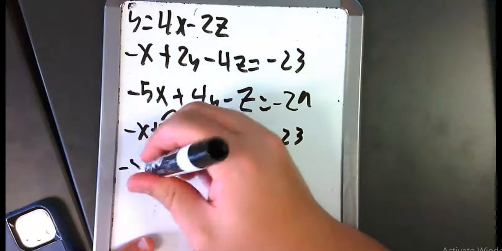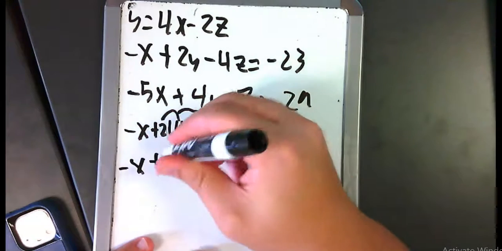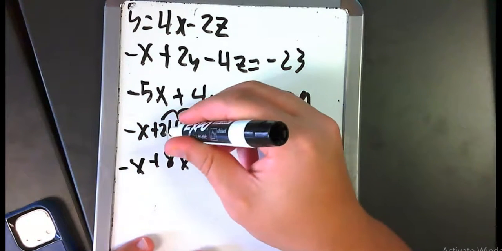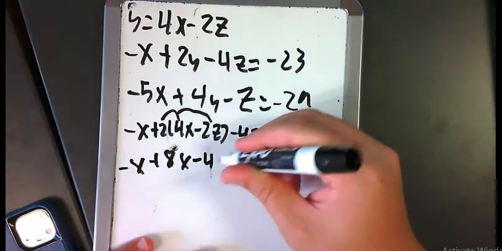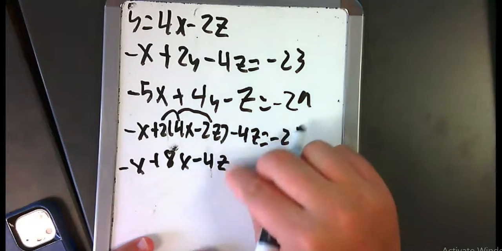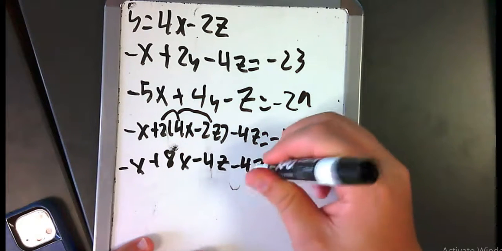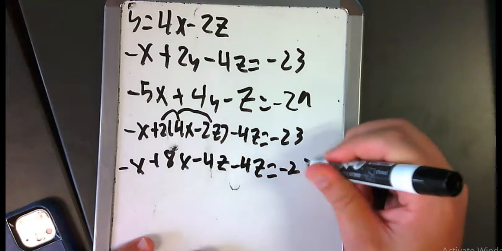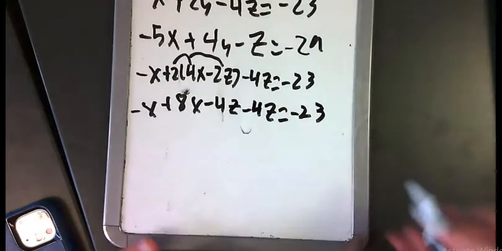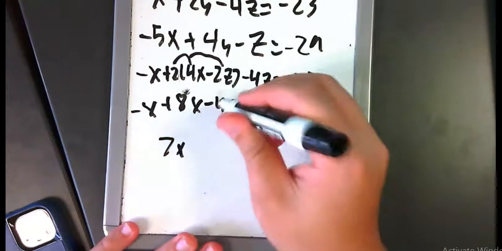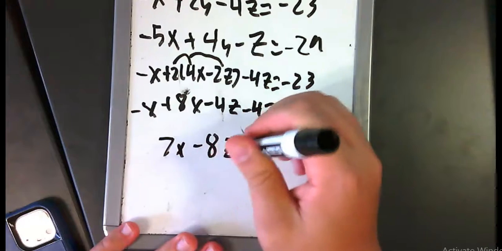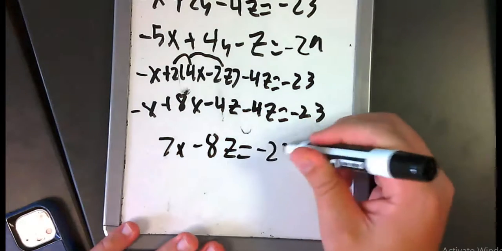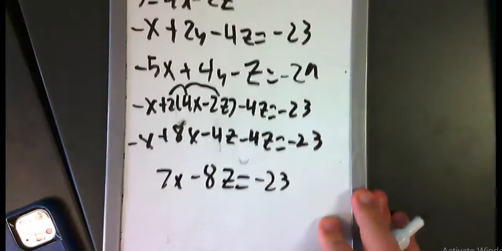All right, we have negative x plus 8x minus 4z, and then minus 4z again equals negative 23. So then from here we just combine like terms. So that becomes 7x, and that becomes negative 8z, and that equals negative 23. So that's the first part of the equation.